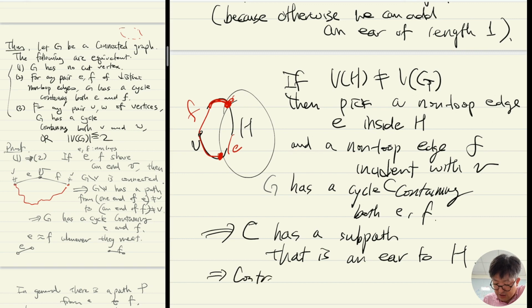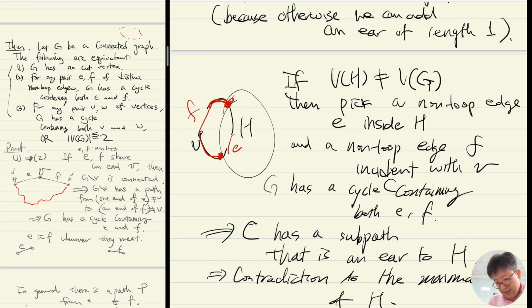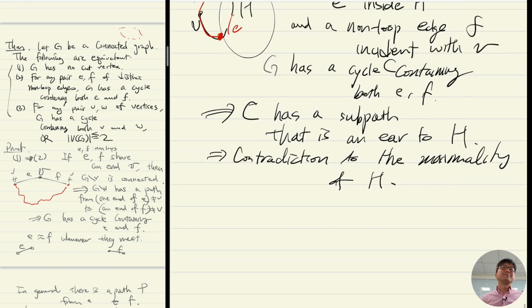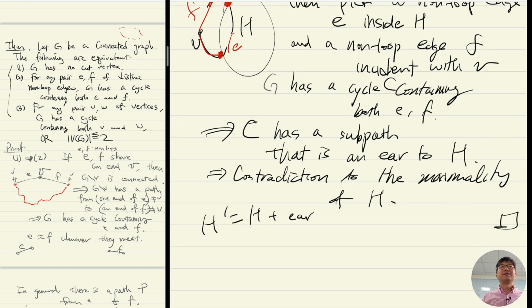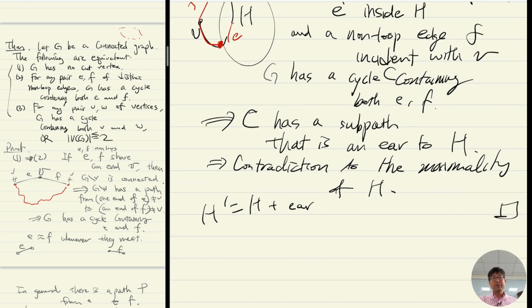Then this is a contradiction to the maximality of H. Okay. Because I can add H plus this ear. That's going to be H prime, which is bigger. Right. So every two connected graph can be built from a cycle of length at least 3 by adding ears.